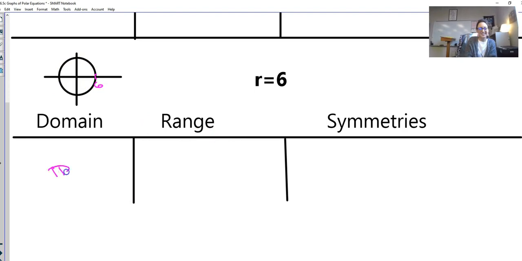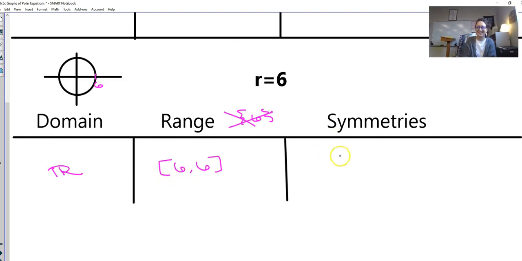Yes, we can. Now your range, if it were me, I would put it like that, but my MATLAB is not going to take that. My MATLAB wants an interval from 6 to 6, which I don't agree with, but they're not going to take it any other way, so just know that that's how they want you to put the range.